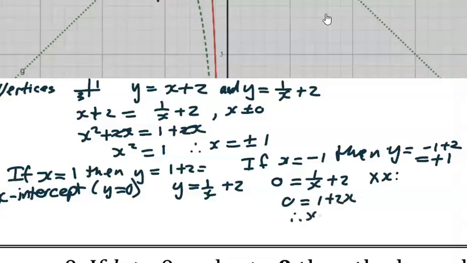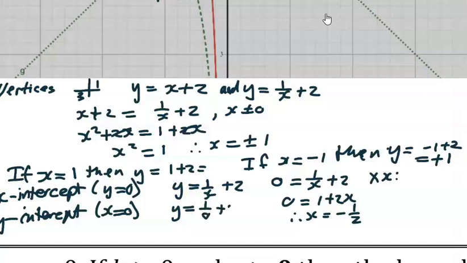So x is equal to negative a half. So that's my x-intercept. So what is my y-intercept? This is where x is equal to 0. But we know that y equal to 1 over x plus 2 is undefined. So 0 is not part of the domain, so there's no y-intercept.